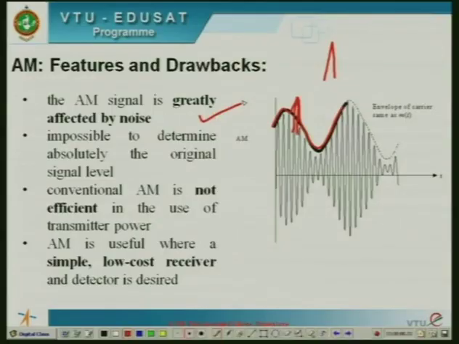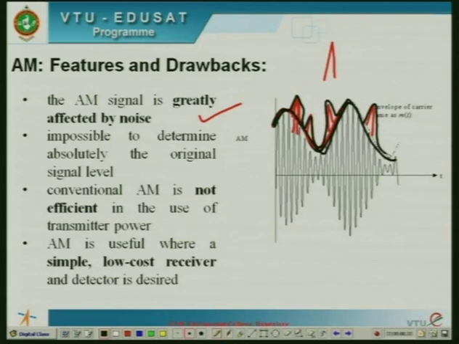The second important thing is, it is impossible to determine absolutely the original signal level. The reason is, because of this noise factor affecting here, and there may be multiple noise factors affecting here, we may not know what the actual signal is. This is the actual signal, but because of noise your signal may become like this.